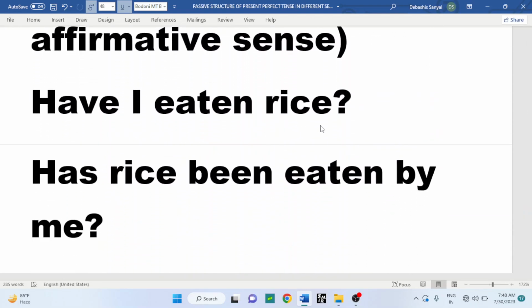Have I eaten rice? It's a yes no type question with affirmative sense. Suppose it is, have I not eaten rice, then it will be a negative one, but the question pattern is yes no type. Rice is the object, I is the subject, have eaten tells us it is a yes no type of active.